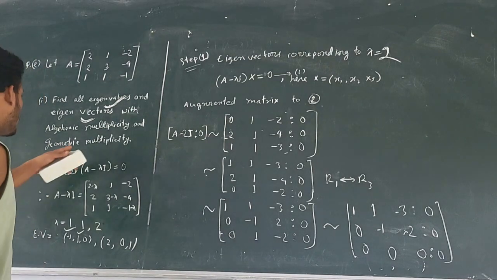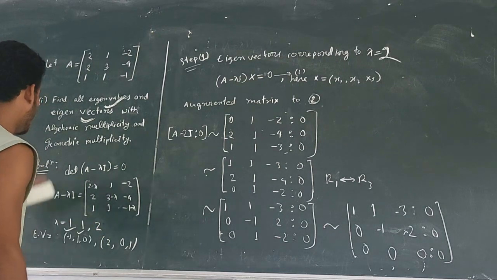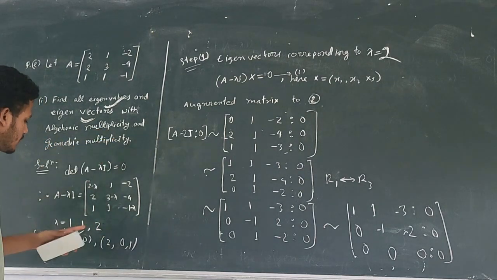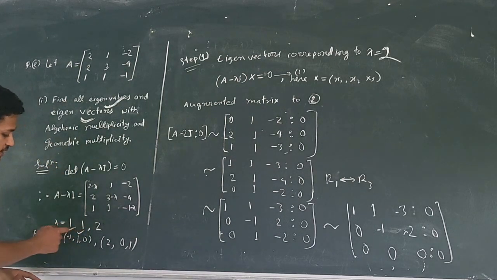Now I am going to algebraic multiplicity and geometric multiplicity. The algebraic multiplicity of lambda equal to 1 is 2, because it is repeating 2 times.